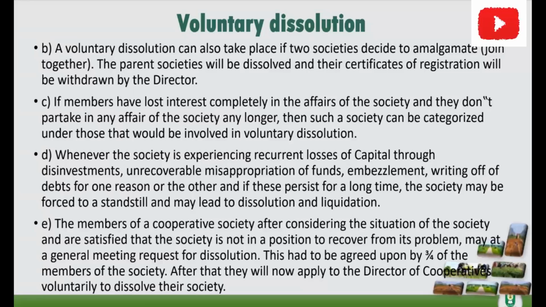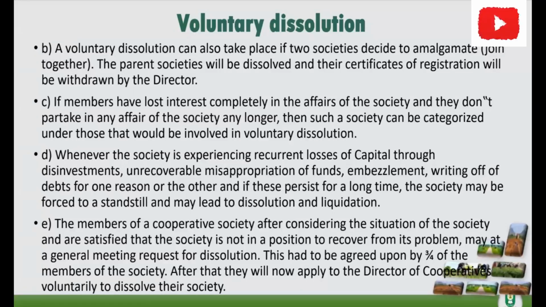The fourth way, whenever the society is experiencing recurrent losses of capital through disinvestment, unrecoverable misappropriation of funds, embezzlement, writing off of debt for one reason or the other, and if this persists for a long time, the society may be forced to a standstill and may lead to dissolution and liquidation.